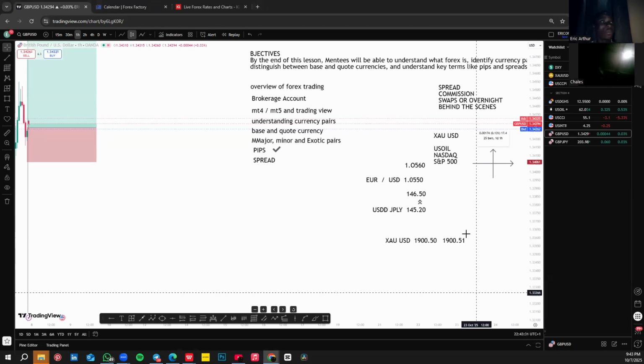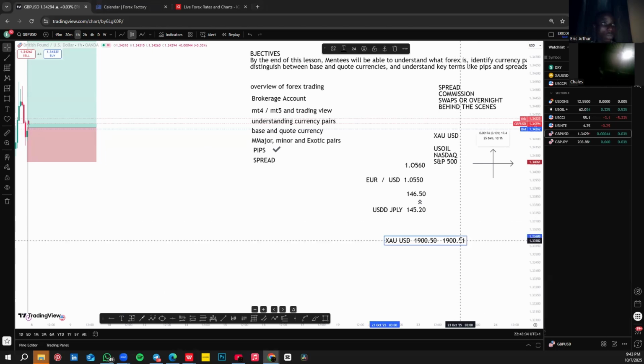And if it moved from 50 to 60, 61, that means it has moved how many? 11 pips.